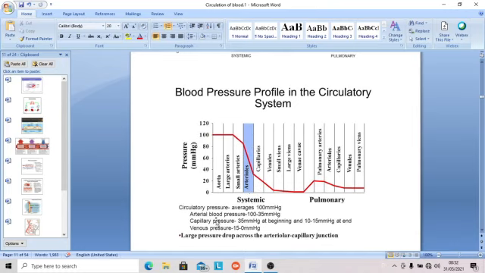Then in the capillaries it is shown here, but actually it goes very near to zero, slightly more than zero at the end of capillaries. Then in venules it becomes almost zero in the latter part. Small vein 0, large vein 0, vena cava 0. Again, this is the average pressure. And the same in the atria, then pulmonary arteries, pulmonary arterioles, capillaries, like this.